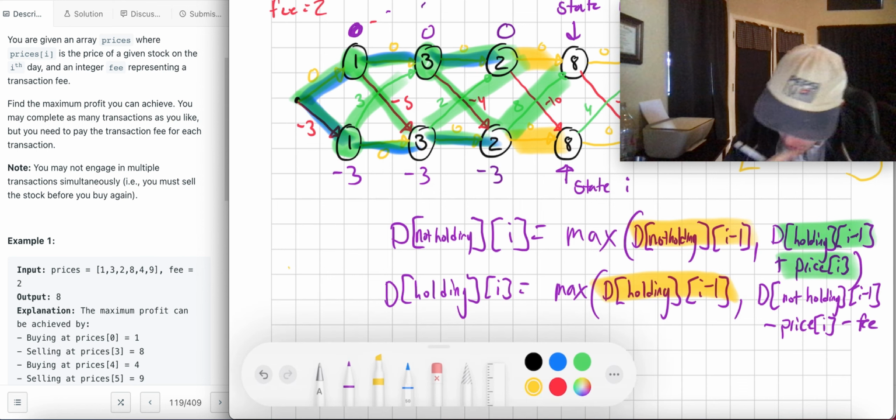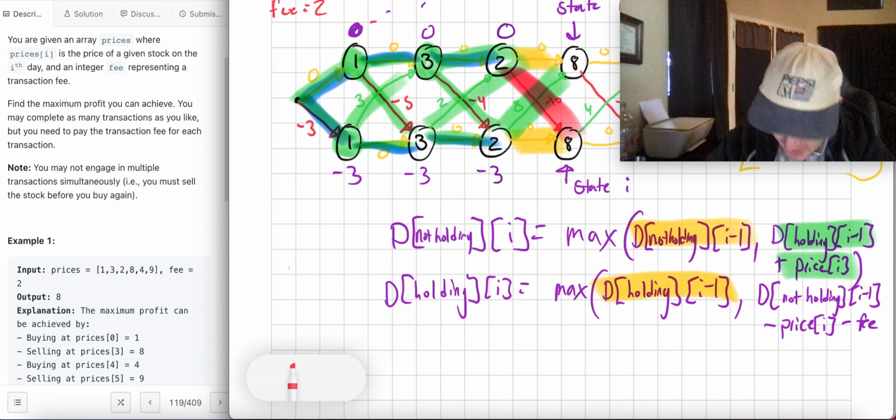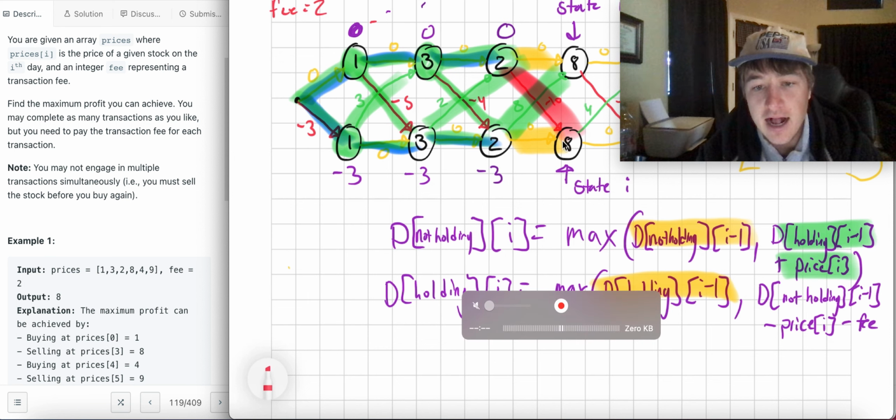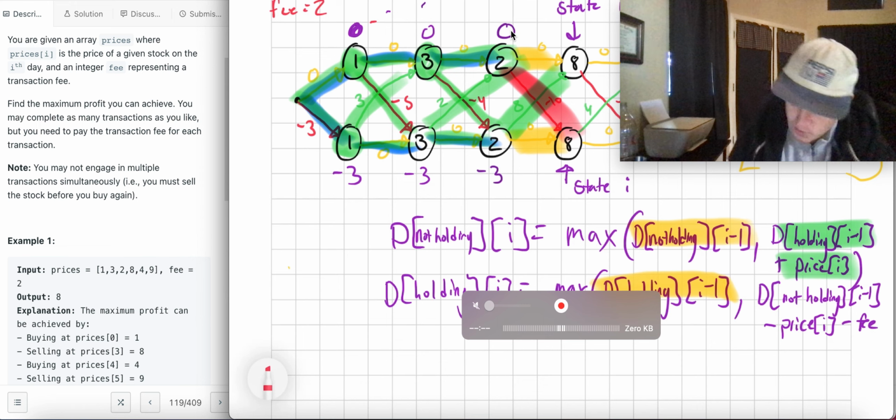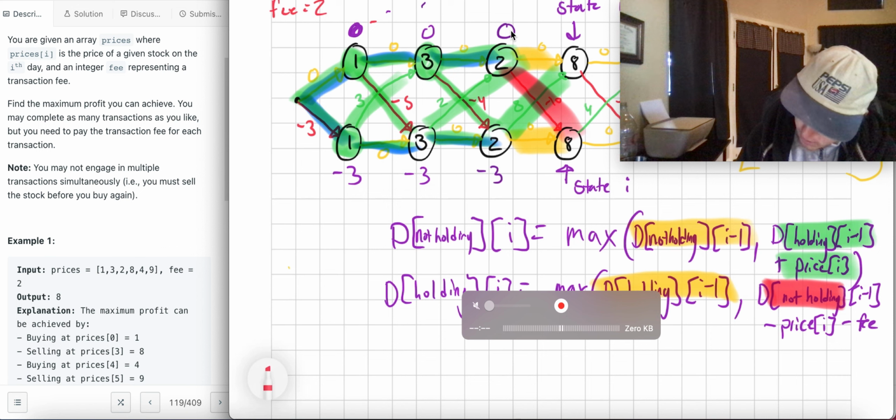In order for me to take this 8 link, I'm going to have to pay $8. So if I'm not holding, I have $0. Then I have to pay $8 to buy the stock minus the fee, which is $2, plus whatever I had at the previous day in terms of money when not holding.